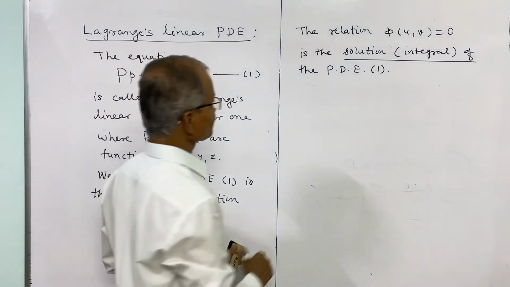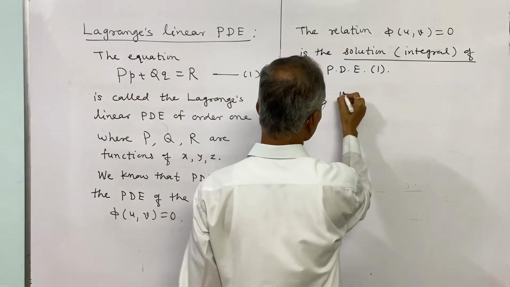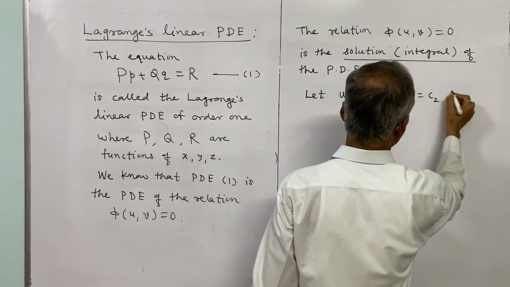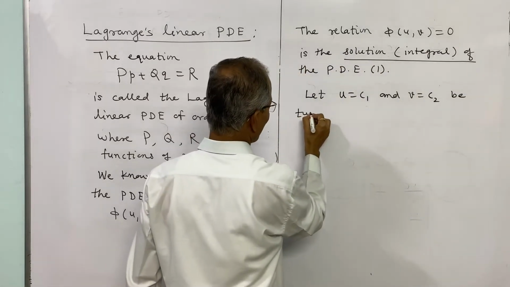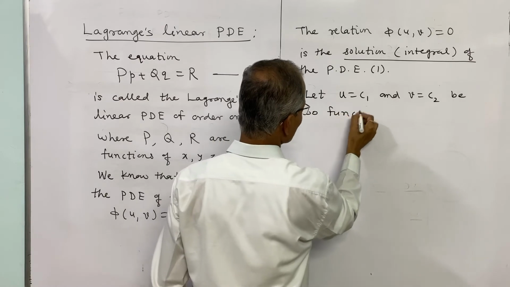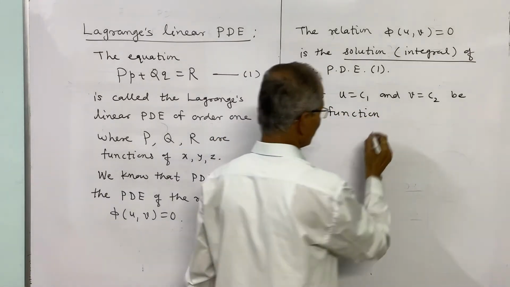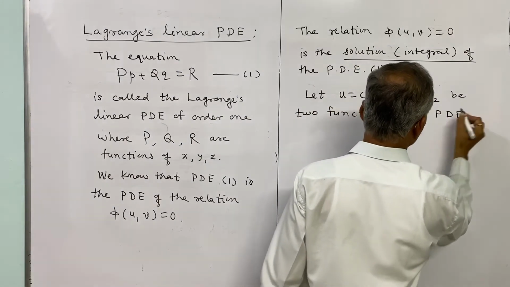Now let u is equal to C1 and v is equal to C2 be two functions whose PDE we shall find.